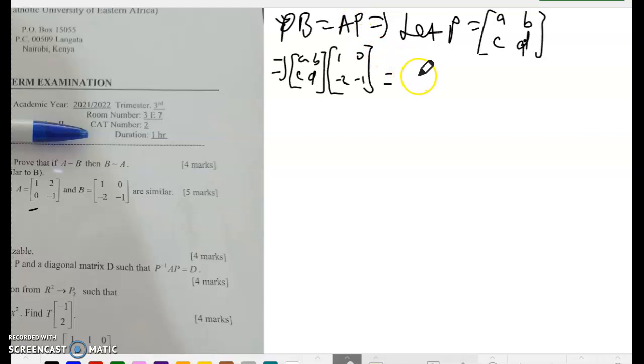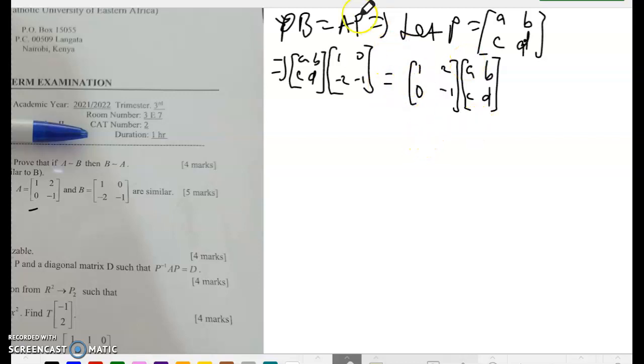Matrix A is given by 1, 2, 0, -1. Multiply this by P, and P is given by a, b, c, d.